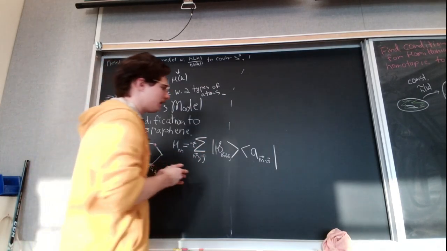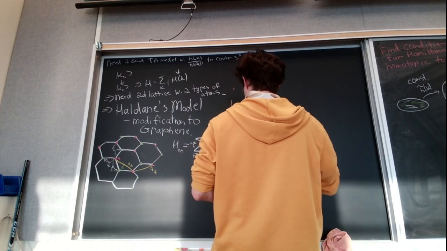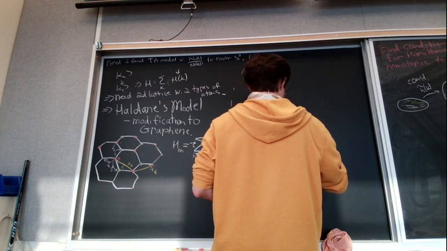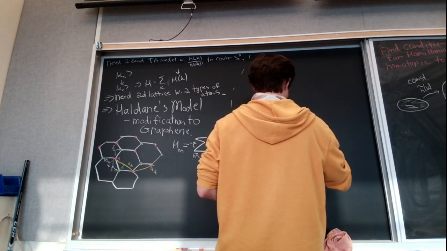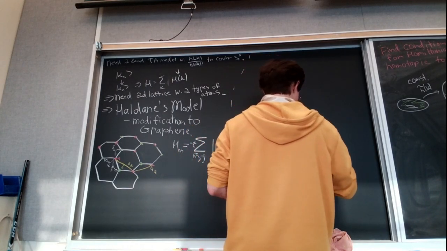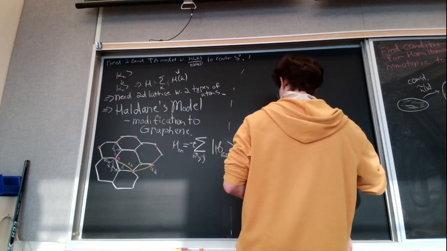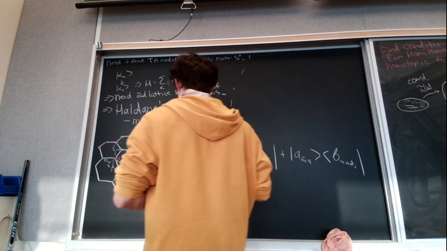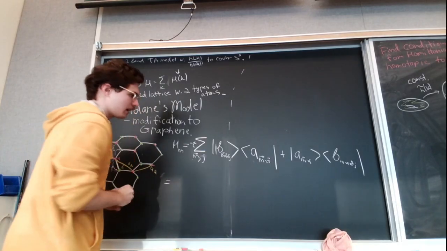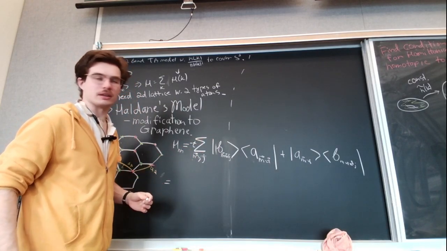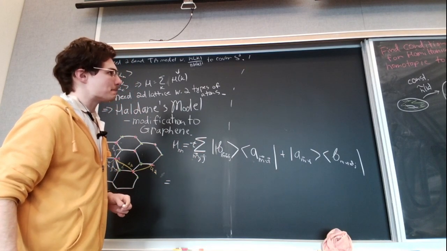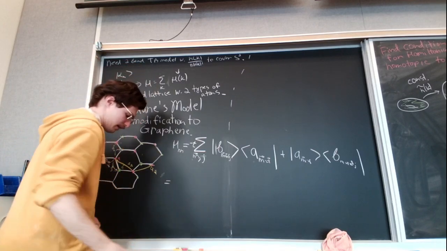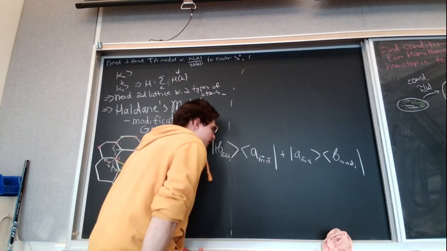Okay? And then I need the Hermitian conjugate. Here I wrote it in bracket notation, but I can also write this with C daggers.